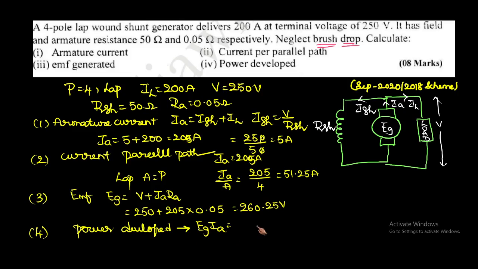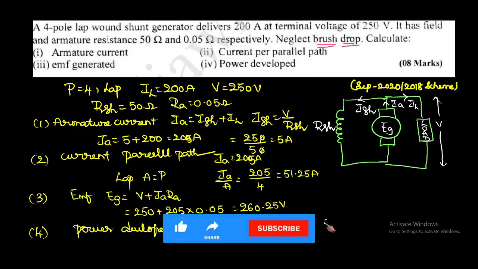What is the EG you got? 260.25 into IA, which is 205. Let us multiply 260.25 into 205, and you will get 53.35 kilowatts. That is the power developed in the armature.